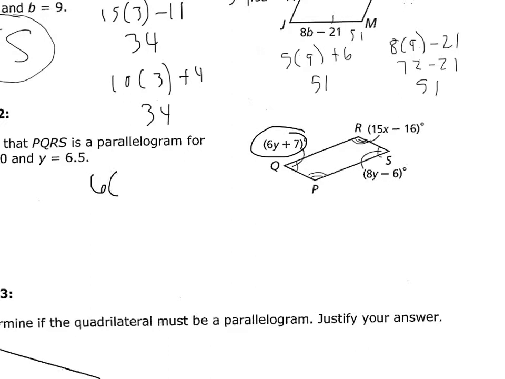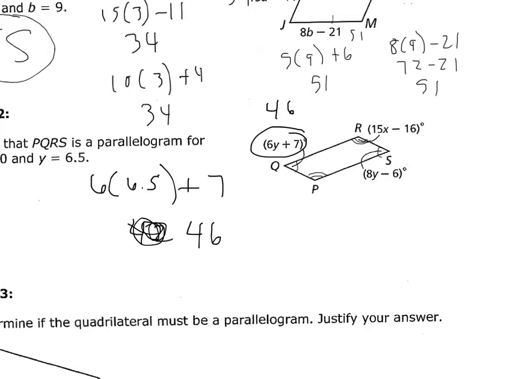We're going to start with this angle. So 6 times 6.5 plus 7. If you multiply 6 times 6.5 plus 7, that ends up giving us 46 degrees. So that first angle is going to be 46 degrees.